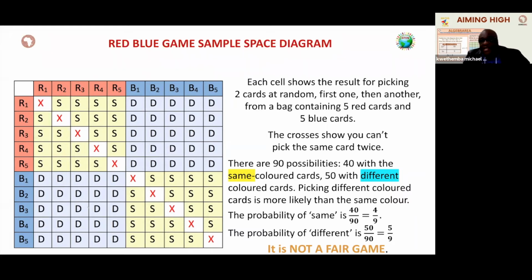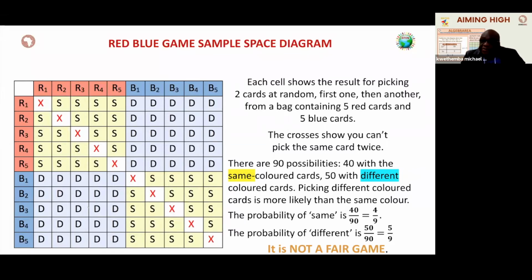You recall that it should be 40 in this case because there are 40 possible S colors out of altogether 90 possibilities. So the probability of picking same is 40 over 90, which simplifies to 4 over 9. And the probability of picking different will obviously be 50 over 90.